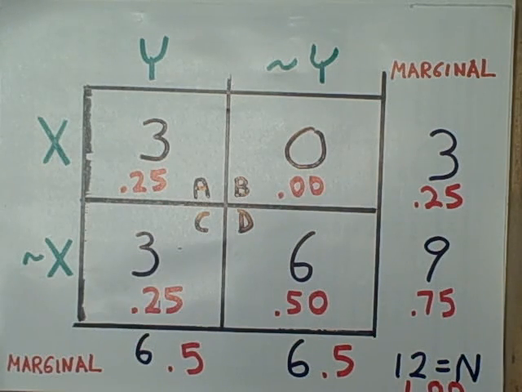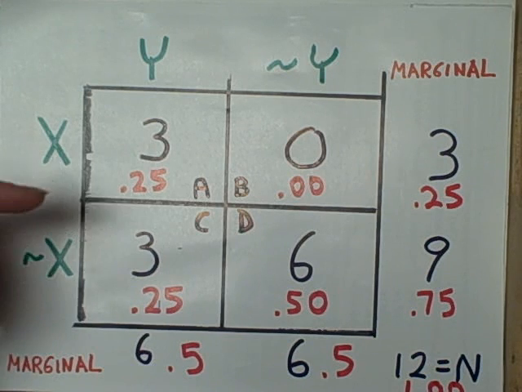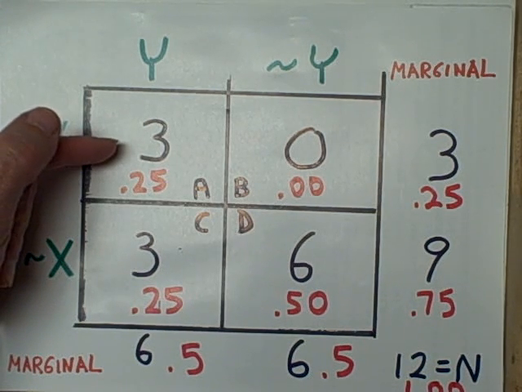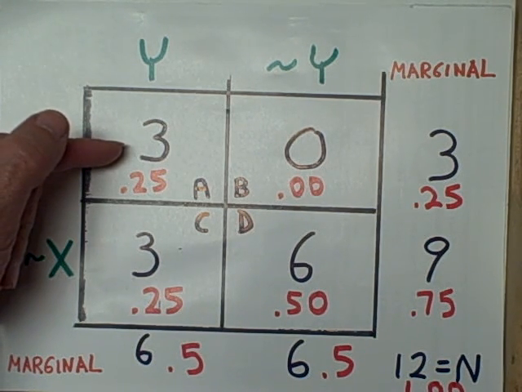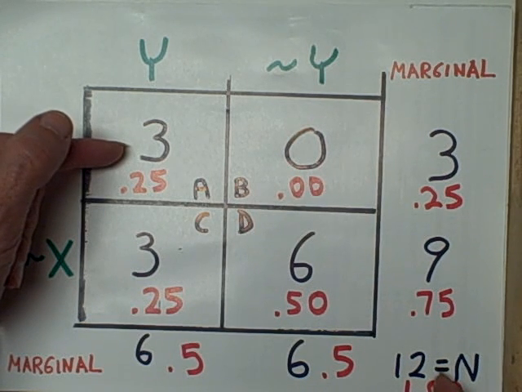In order to get the probability of any particular case being in any particular cell, we take our observed frequency in that cell and then divide it by the total number.